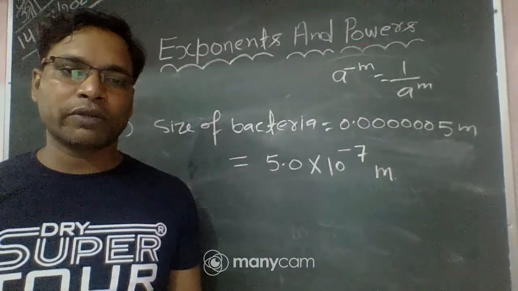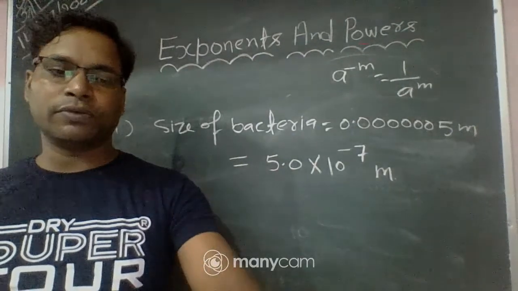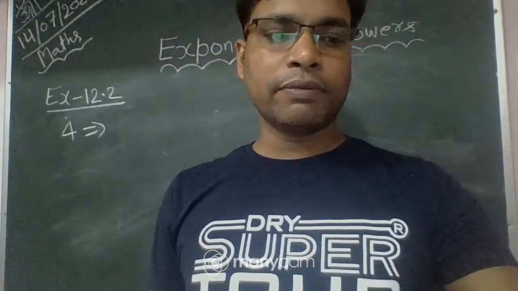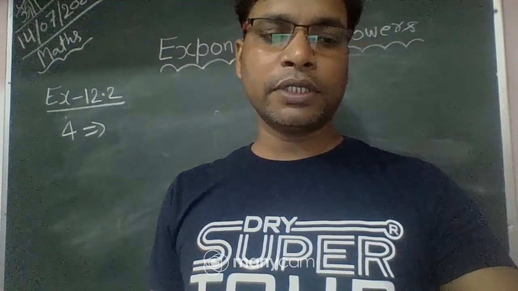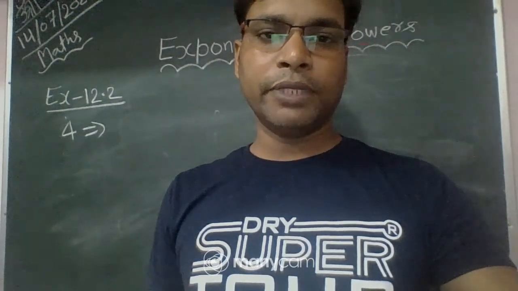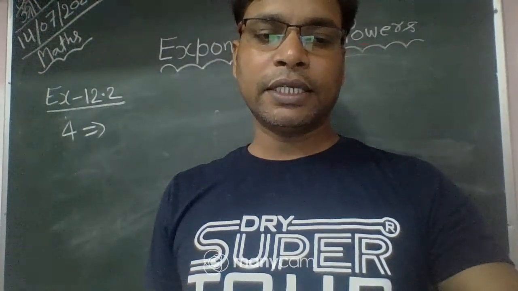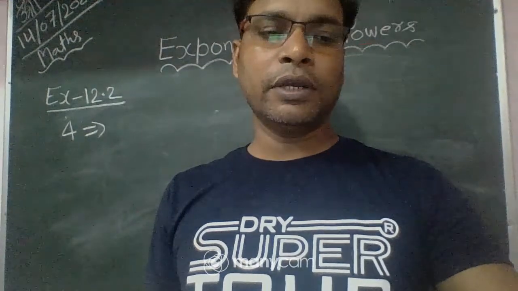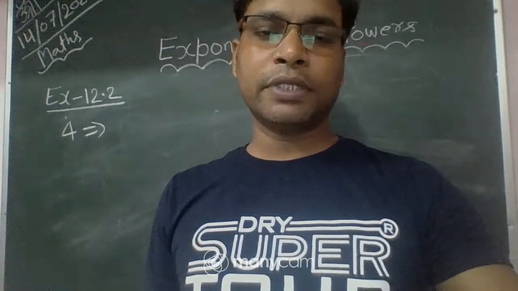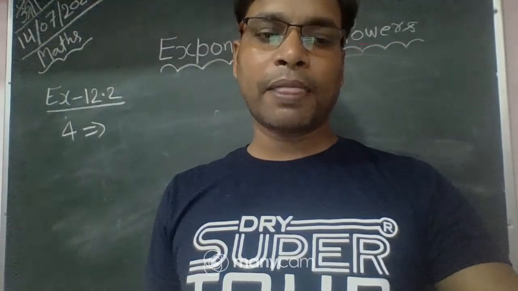Now we are going to discuss question number 4 of this exercise 12.2. Question number 4: in a stack there are 5 books each of thickness 20 millimeters and 5 paper sheets each of thickness 0.016 millimeter. What is the total thickness of the stack? So in the stack there are 5 books and 5 papers.